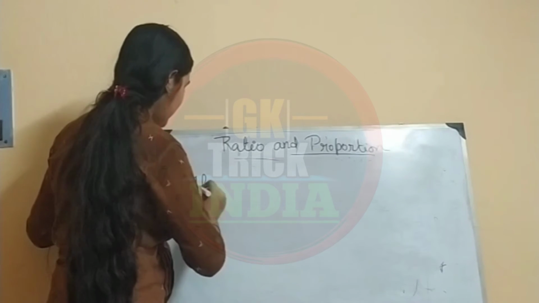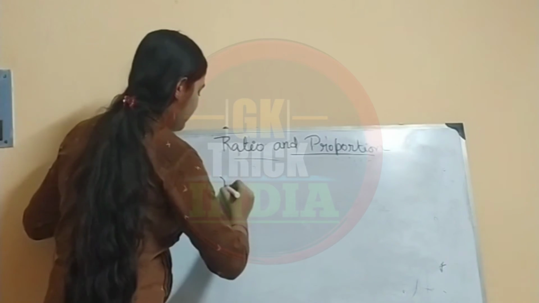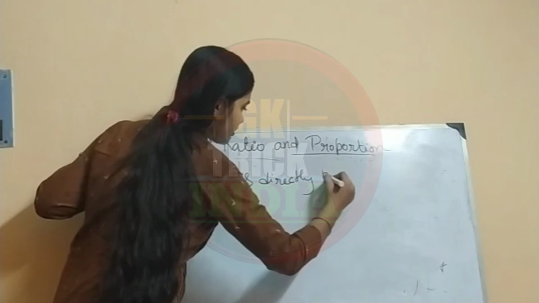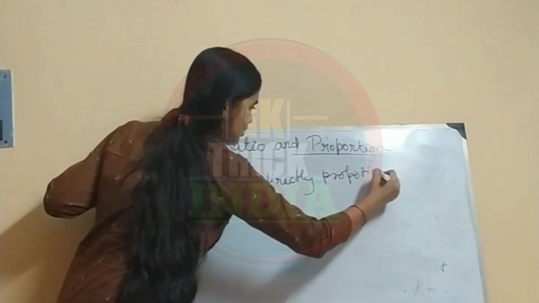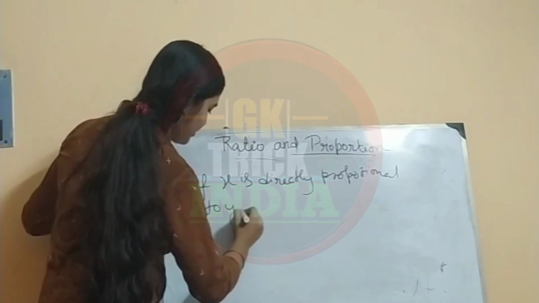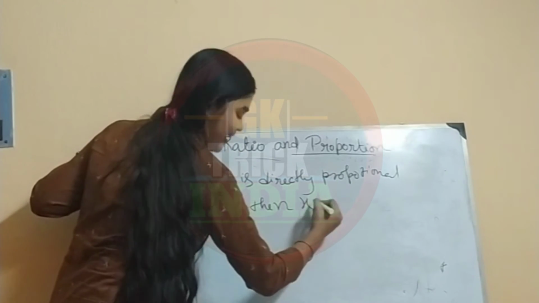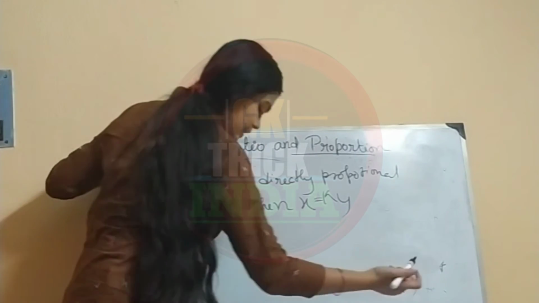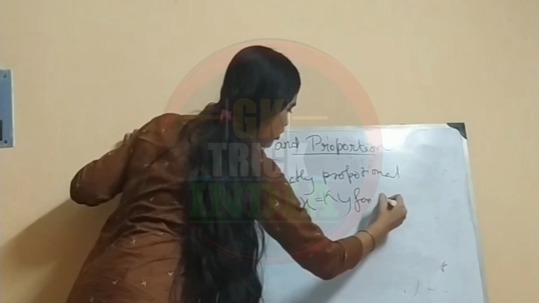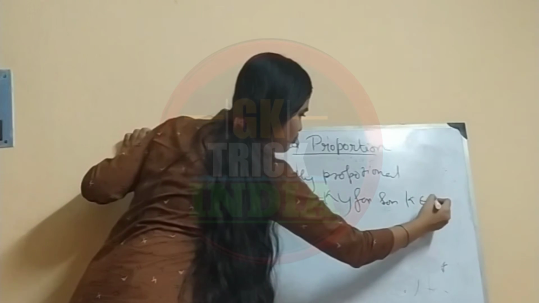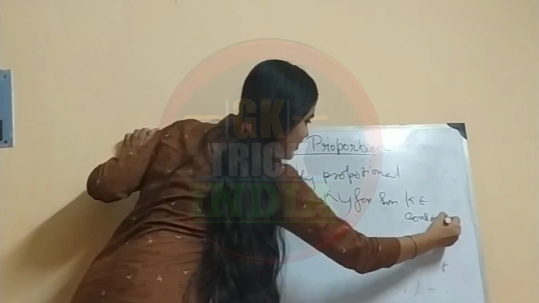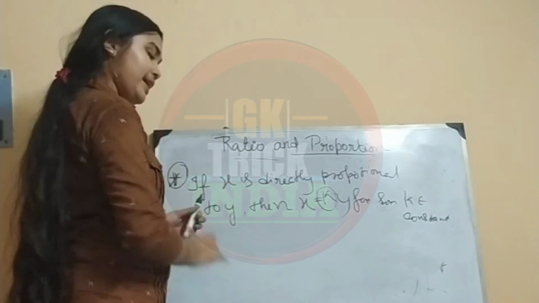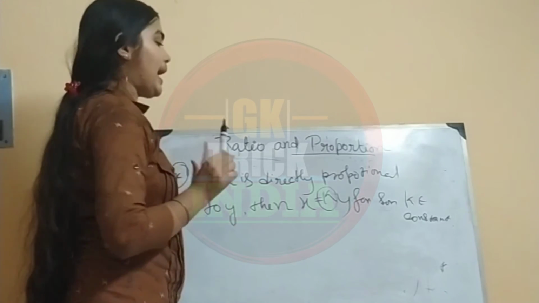If we have to remember this, guys, if x is directly proportional to y, then we can write it as x equals ky, for some k belonging to constants, that is, k is constant. x and y are variables but k is constant. It's a rule which we have to remember.